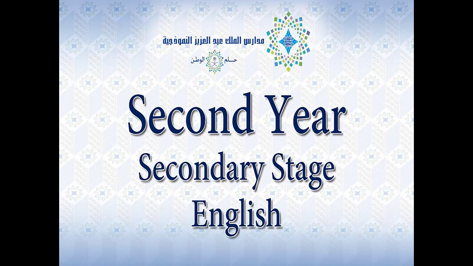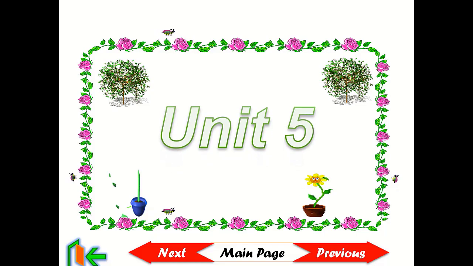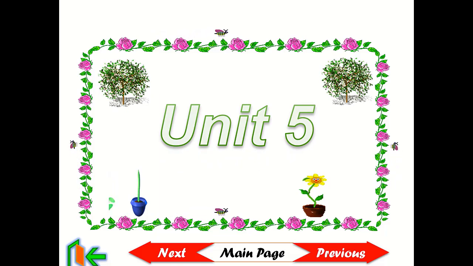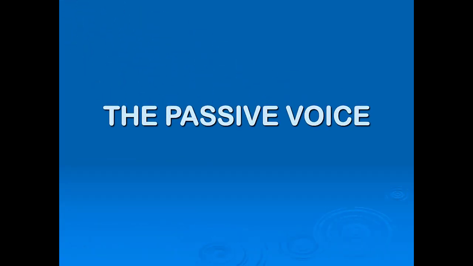Today, we're going to continue Unit 5. We have to continue this unit, and we have done the first part. Today is time for grammar, and as I have told you at the end of the last unit, this unit is about the passive voice.